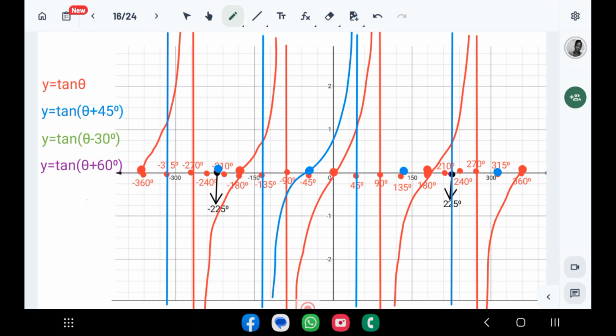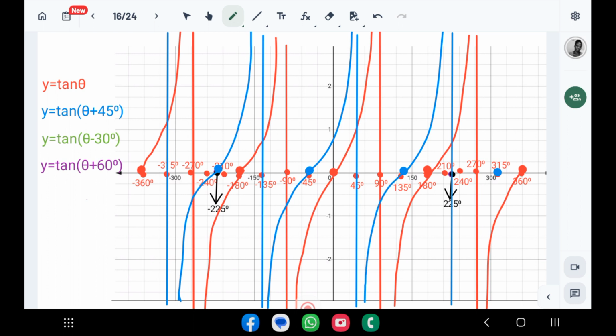The standard graph, so we draw it in a standard manner. Okay, another branch completed. Another branch completed.